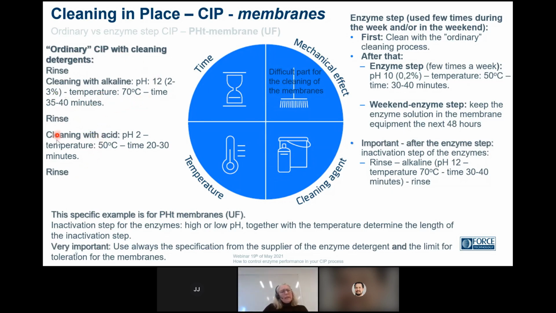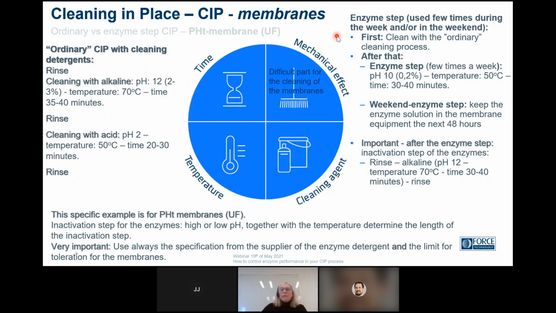And with this cleaning procedure, it is not enough to remove the whole biofilm formation in the membrane. The temperature, the time, and the pH are quite high, but the mechanical effect is the very difficult part when cleaning the membranes.